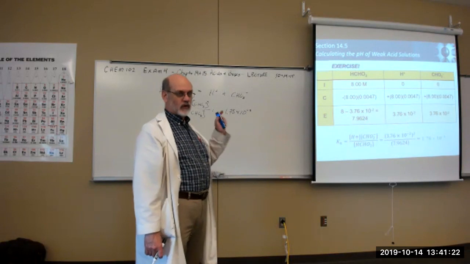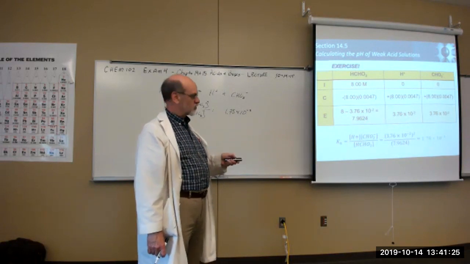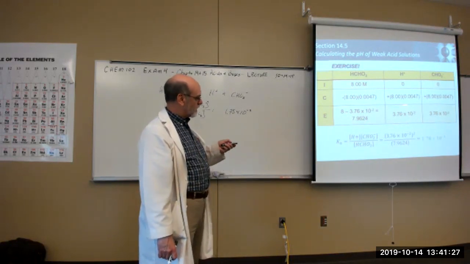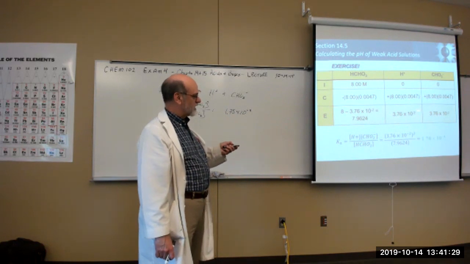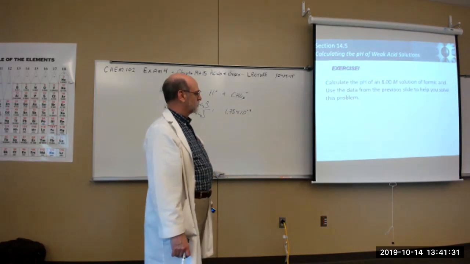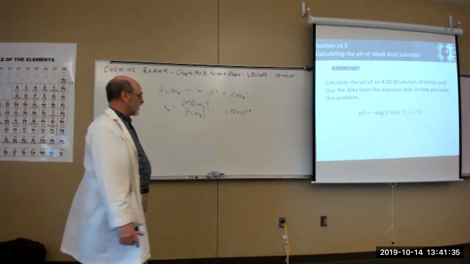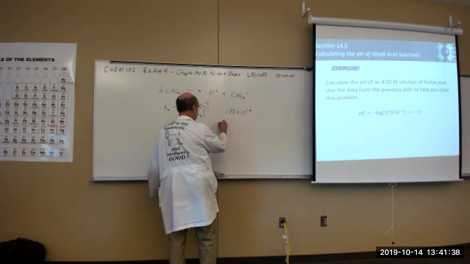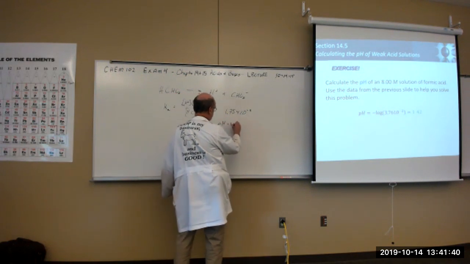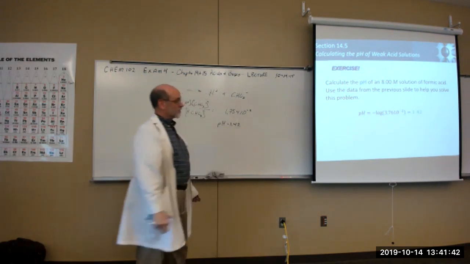So this is the controlling reaction in aqueous solution. And that value right there determines the pH. So all we have to do is the negative log of that value, and we find out that the pH is 1.42. So it is quite acidic.